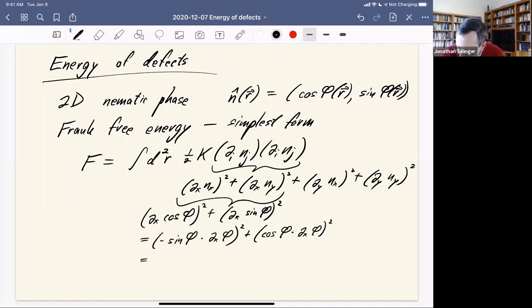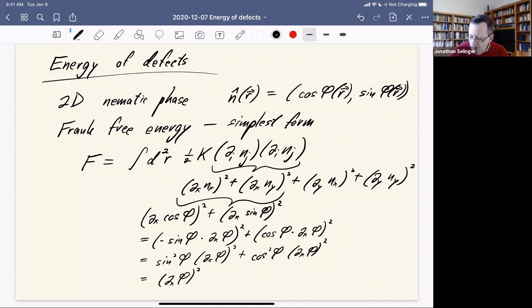So that's sine squared phi times the x derivative squared plus cosine squared phi times the x derivative squared. With the trig identity that we talked about last week, this turns into just the x derivative of phi squared. And likewise, the other terms give the y derivative of phi squared.